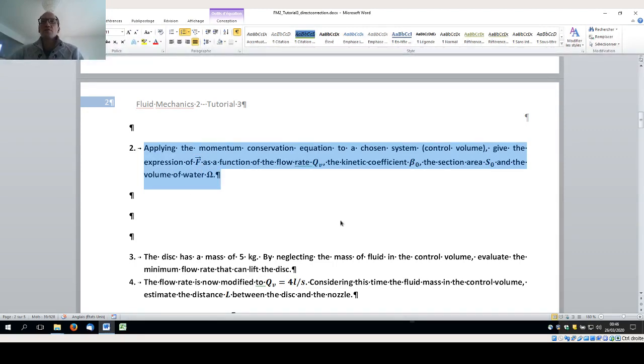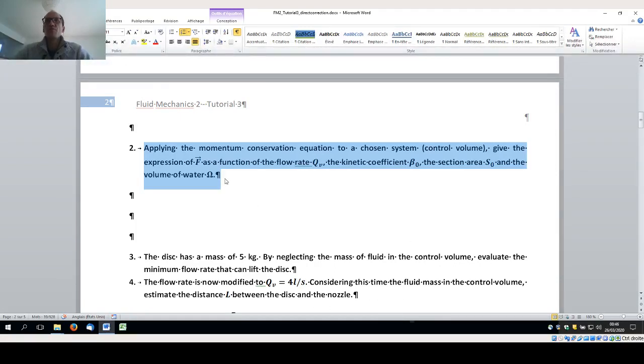So here this is the direct application of the momentum balance. This is where you need to remind yourself how to apply this momentum balance.